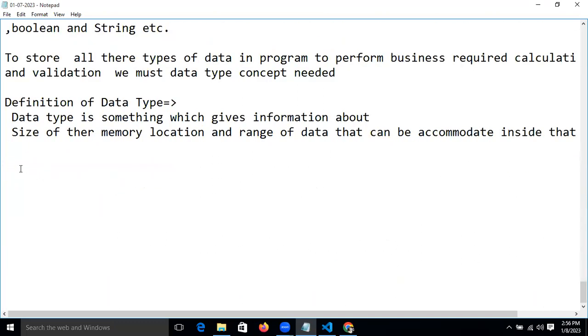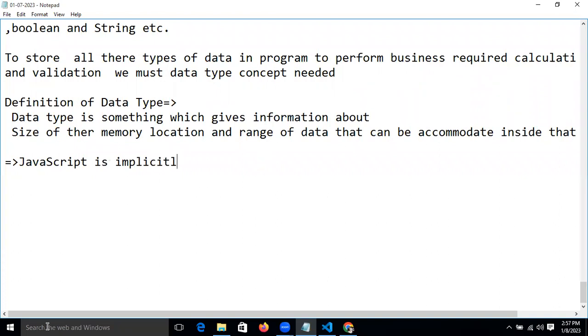So we know that inside JavaScript, it is implicitly typed. We learned this already, right?